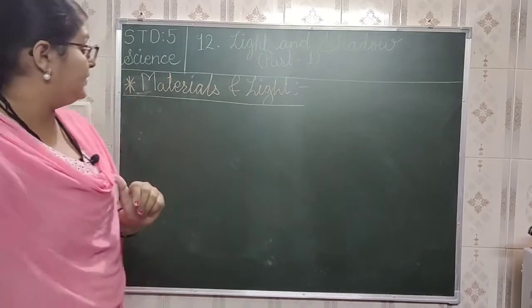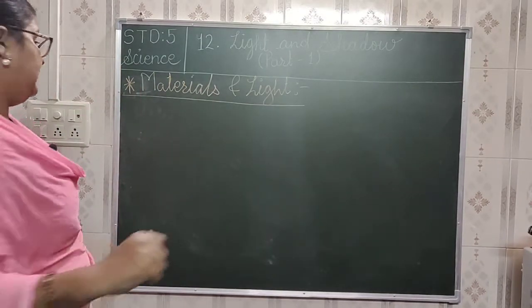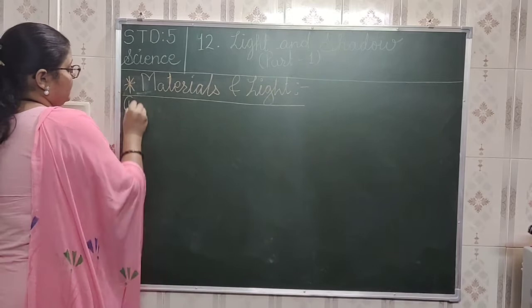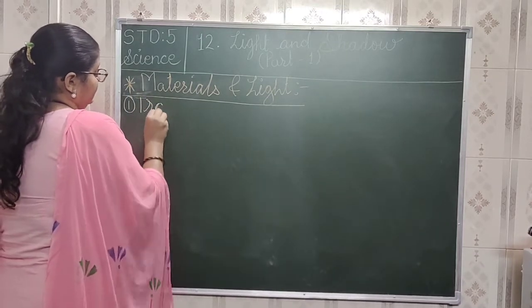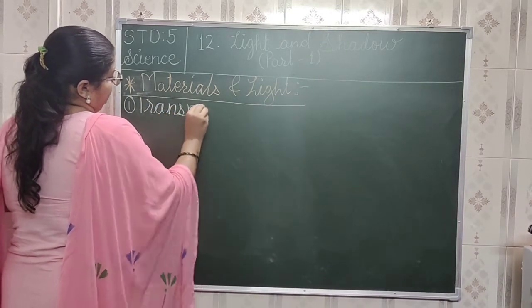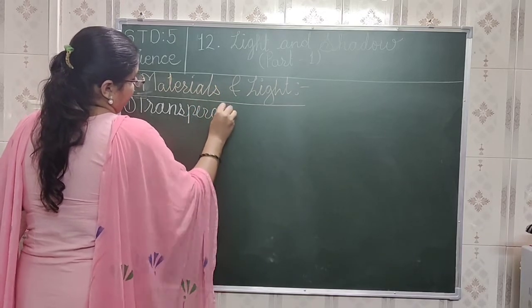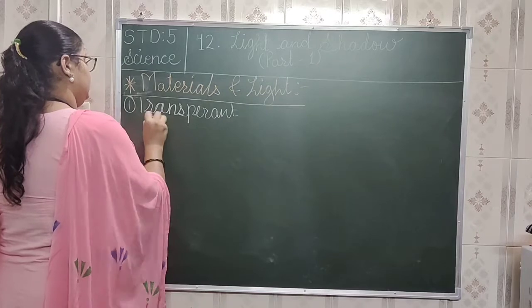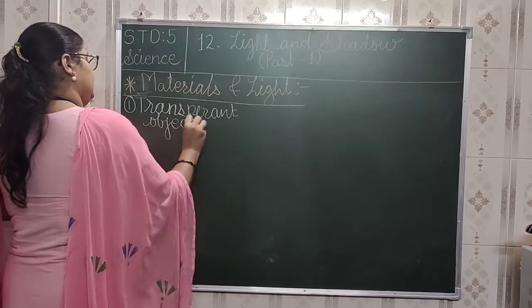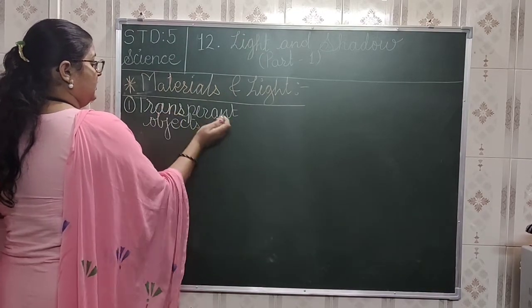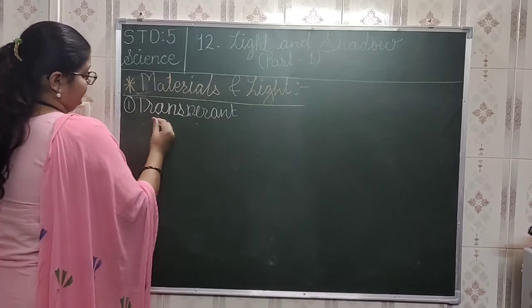And depending upon that, there are 3 types. The first one here is the transparent material, not objects.